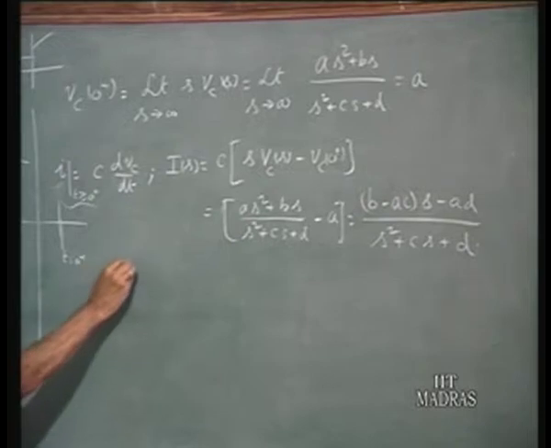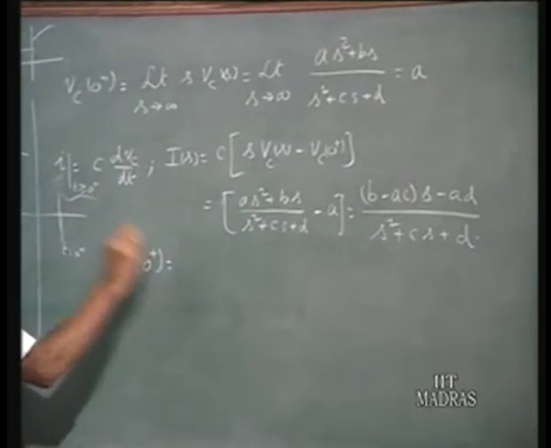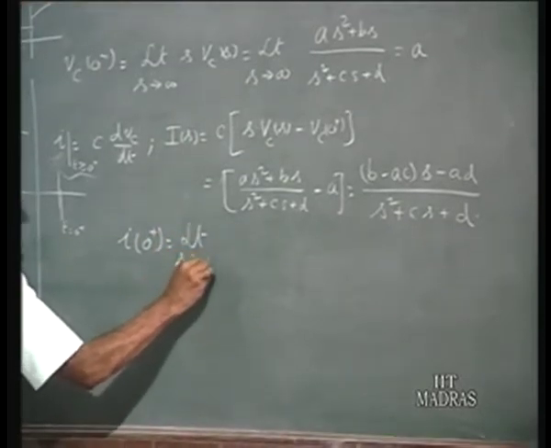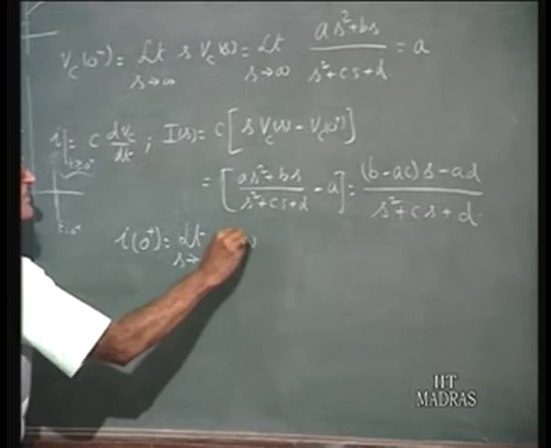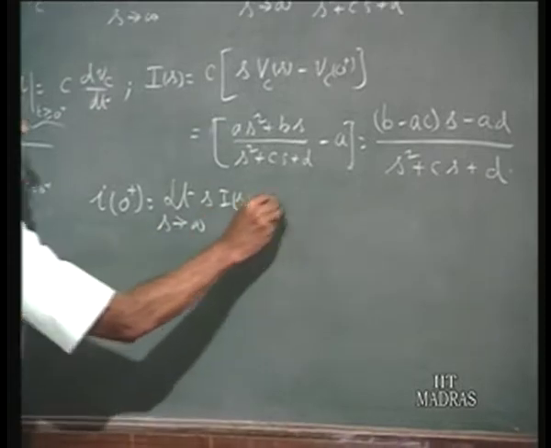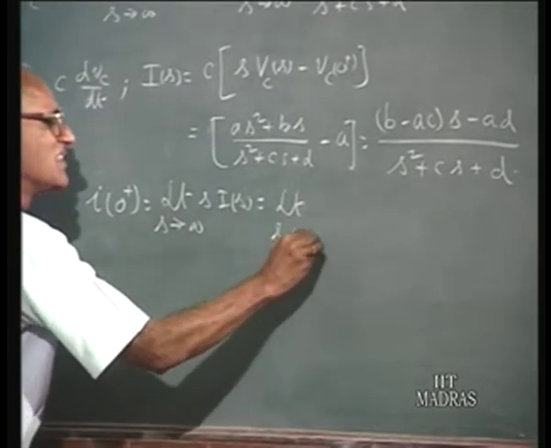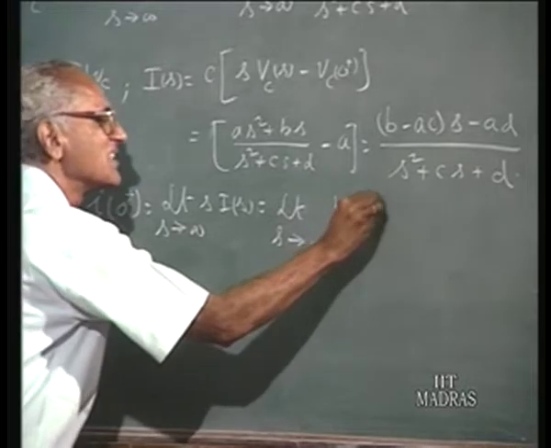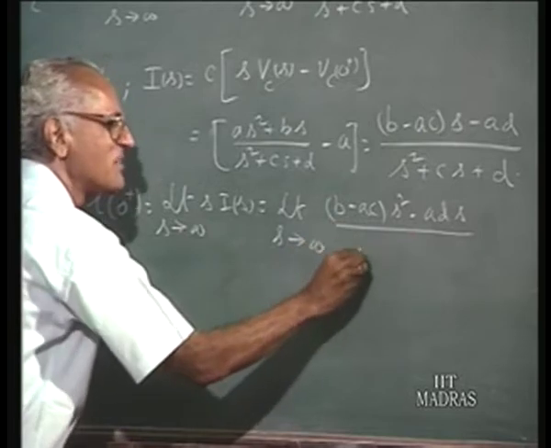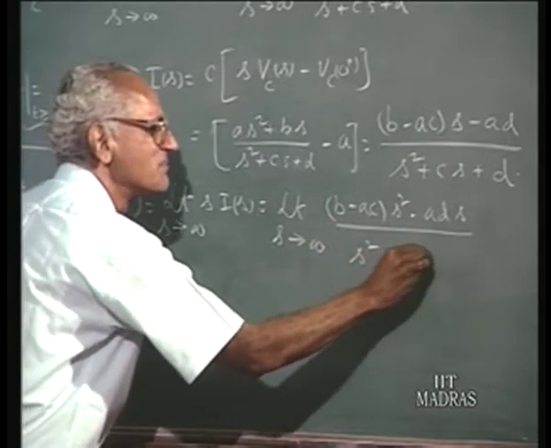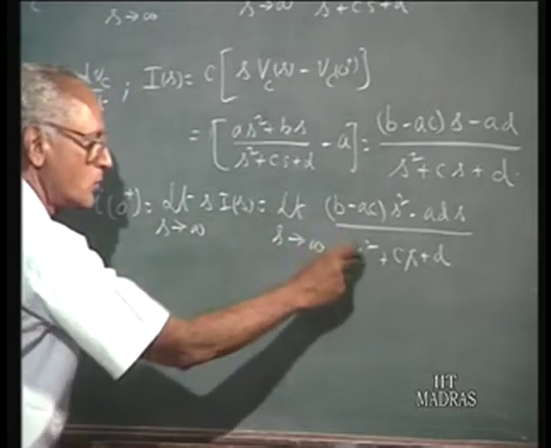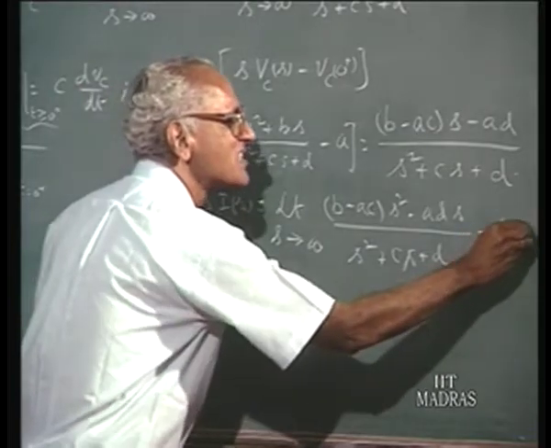To find out I of 0 plus, we apply the initial value theorem and say that this is equal to the limit as S goes to infinity of S times I of S, which means the limit as S goes to infinity of B minus AC times S squared minus AD times S divided by S squared plus Cs plus D, which by the same arguments as before is the ratio of the two leading coefficients, which will be B minus AC.